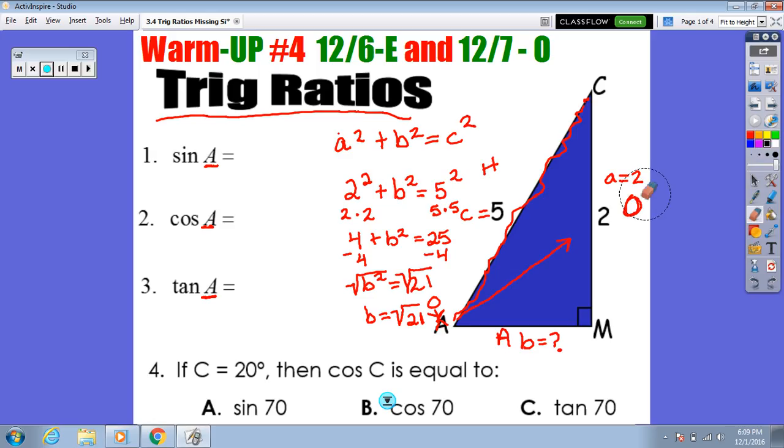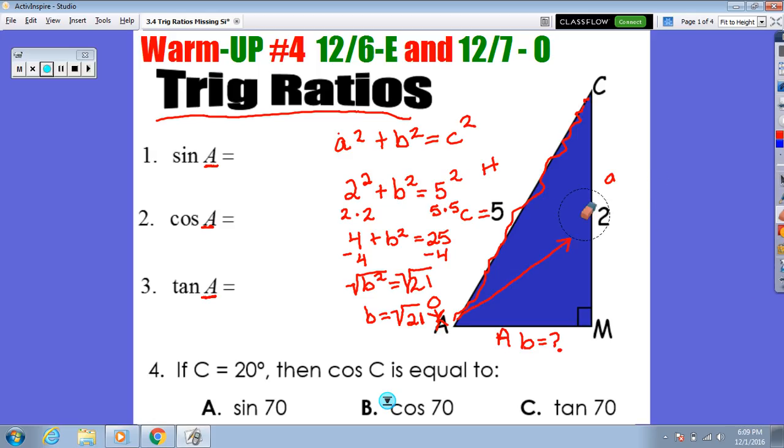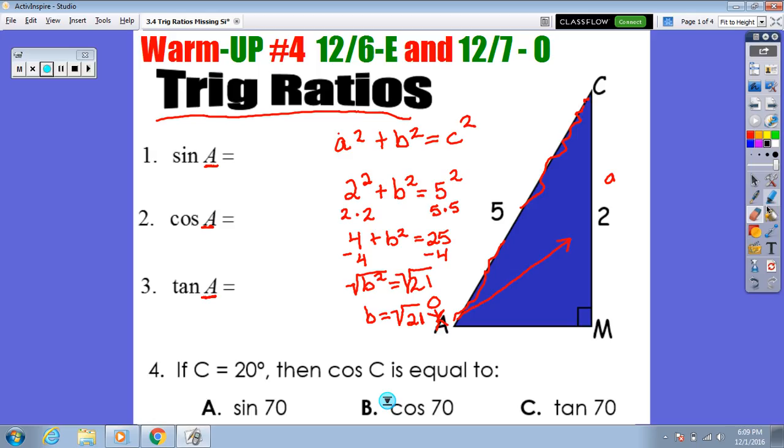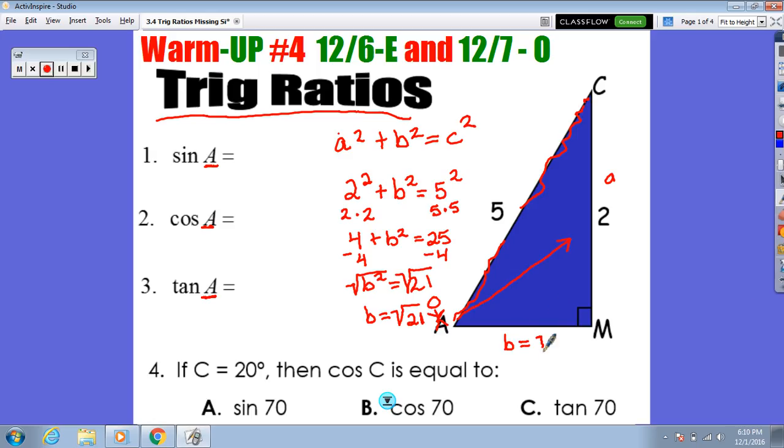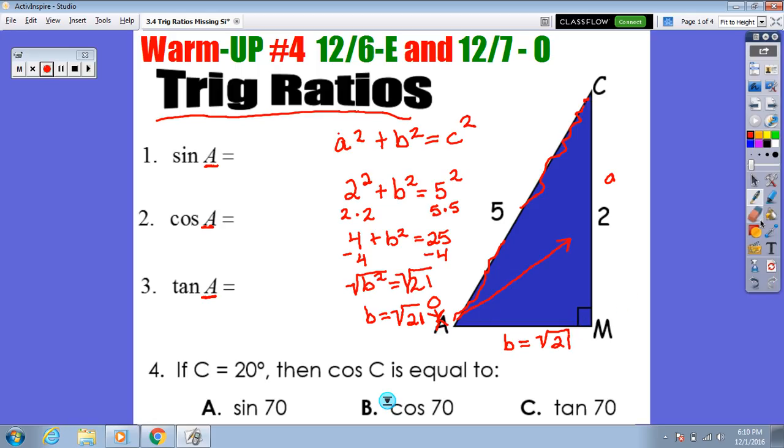Let me clear up my figure now. Okay, so down here, I know that b equals the square root of 21, and that is the length of this side, okay? So remember, this was my opposite side.